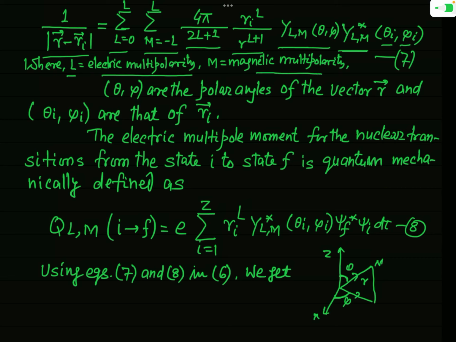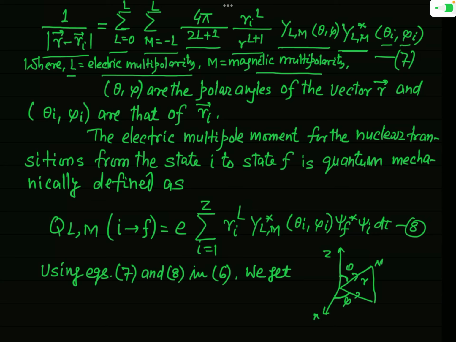When we actually study the multipole expansion during this beta decay process, then these two quantities come into our calculation. L is the electric multipolarity and M is the magnetic multipolarity.